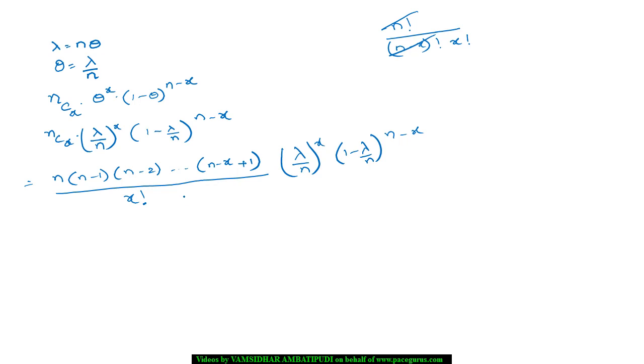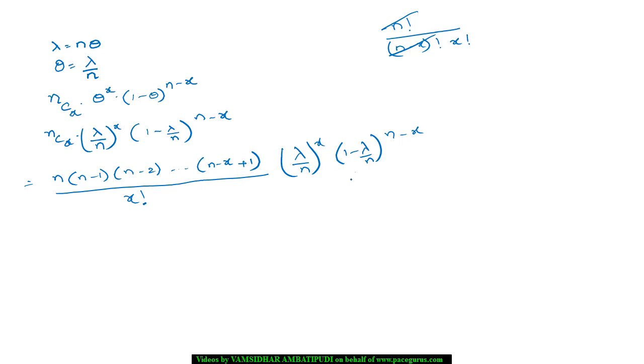The next thing that I want to do is divide one of the factors n into lambda by n to the power x, that is, lambda by n to the power x into each factor of the product. So I have completely broken this out into each of the factors of the product.